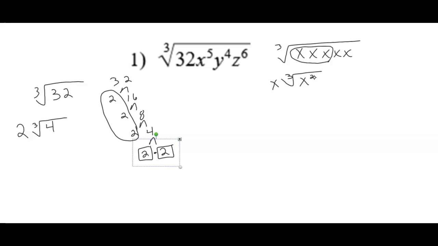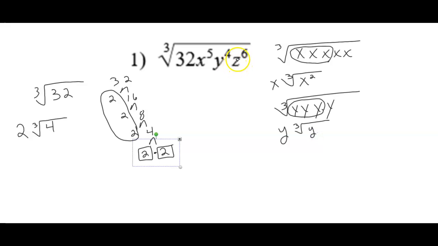And then you can think about the y to the 4th the same way. If you have the cube root of y to the 4th, that means we have 1, 2, 3, 4 y's. We're only going to take groups of 3, so 1 y can come out front, and then we have this one that has to stay underneath the cube root.